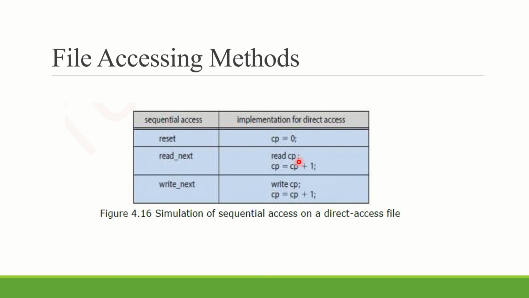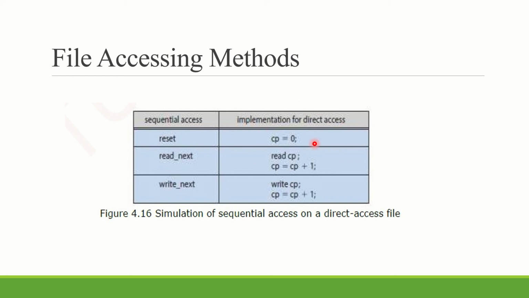If it has to read the 50th record, here the current pointer can be given directly as 50. So it will read the current pointer, that is, the 50th record. So that is the comparison of sequential access and the implementation of direct access.